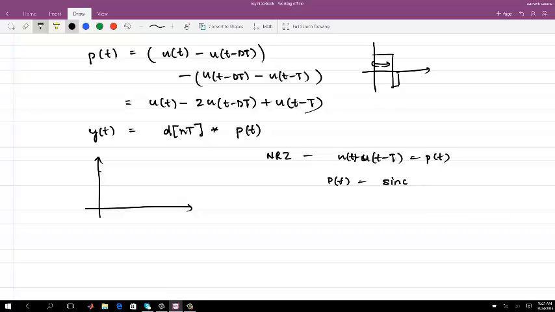And that sinc function actually has a null at 1 over T. Can you get this? When you are transmitting a pulse waveform, convolution is equal to multiplication in the frequency domain. You are transmitting an NRZ pulse. The NRZ pulse has a sinc waveform which has a null at 1 over T.